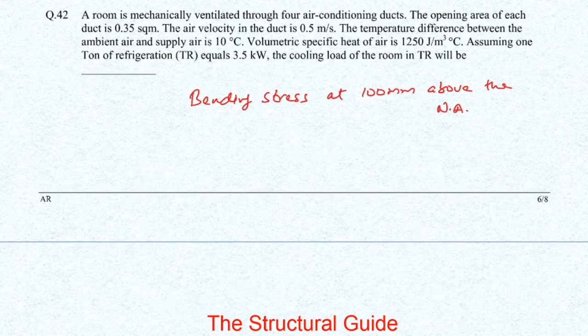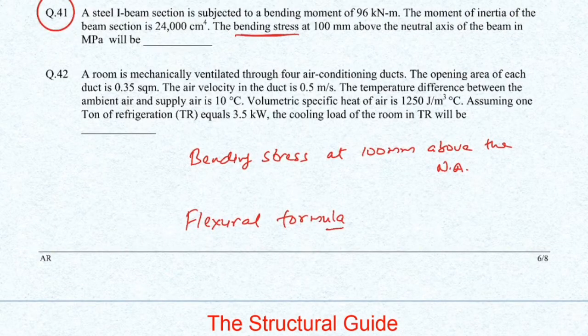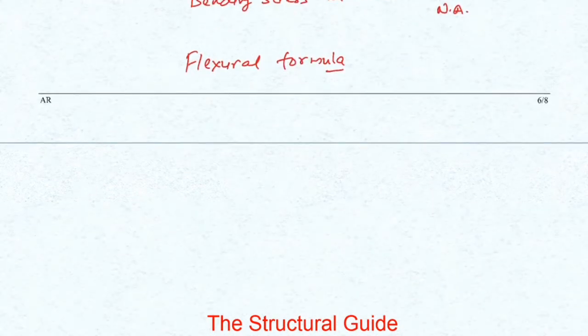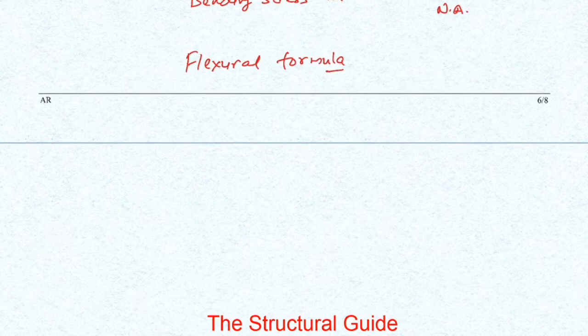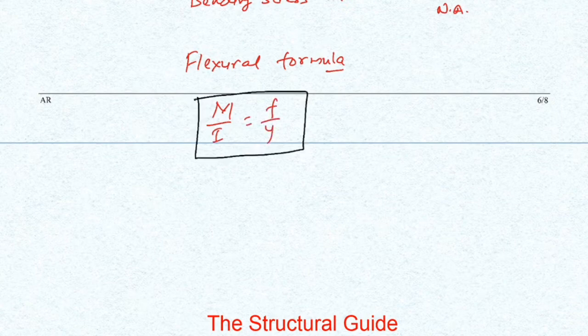So recall the flexural formula. Since bending stress is related to the bending moment, we can use the flexural formula. So the flexural formula, that is M upon I equals f upon y.